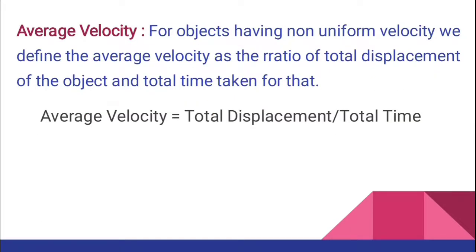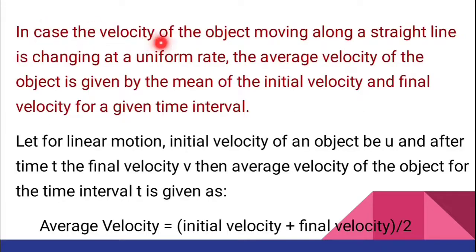Now we have to see what is average velocity. As we know, average speed is defined as the total distance covered by the object upon the total time. In the same way, average velocity is defined as total displacement upon total time. In case the velocity of an object moving along a straight line is changing at a uniform rate, meaning constant rate, then the average velocity of the object is given by the mean of initial velocity and final velocity.